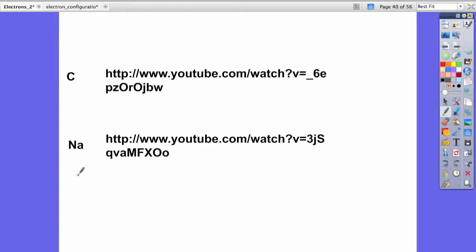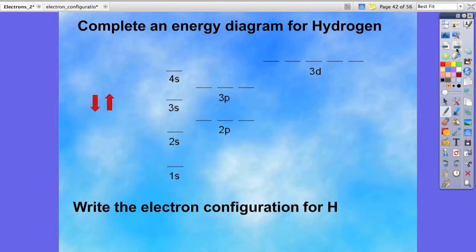Okay, now make your prediction for sodium and see if you can come up with the shape of how it will look. Complete an energy diagram for hydrogen and write the electron configuration for hydrogen on the bottom.